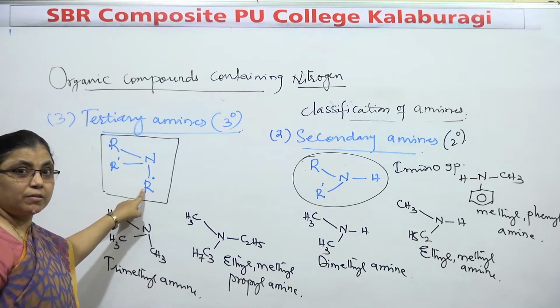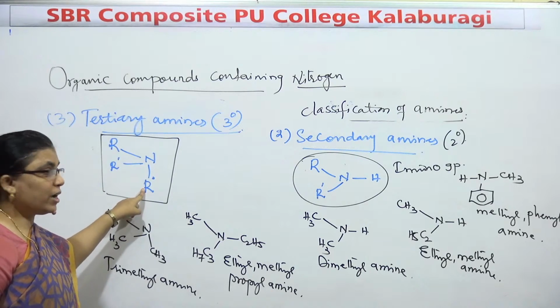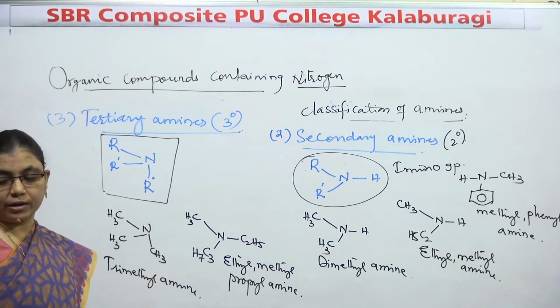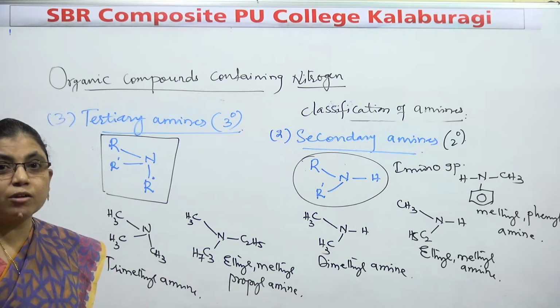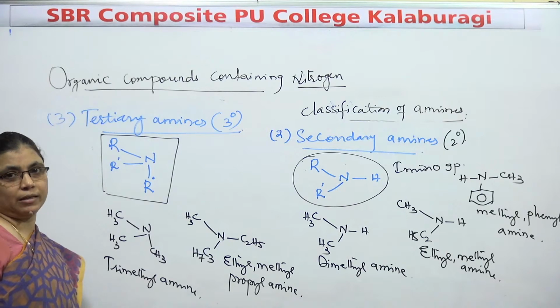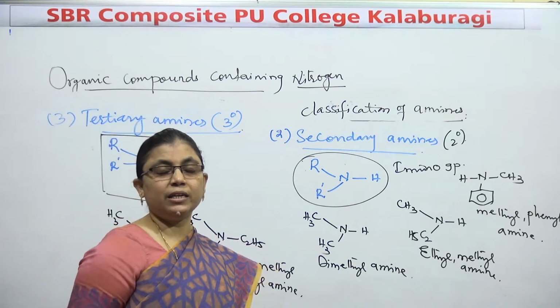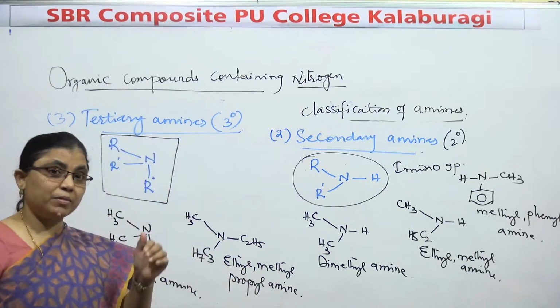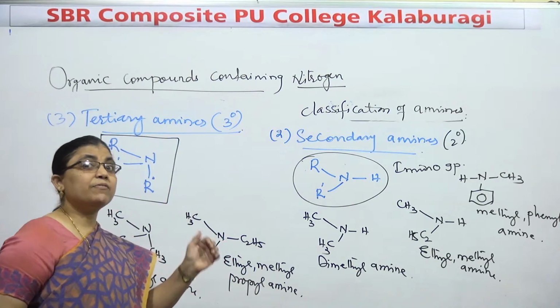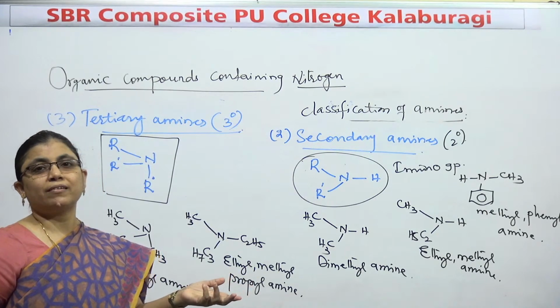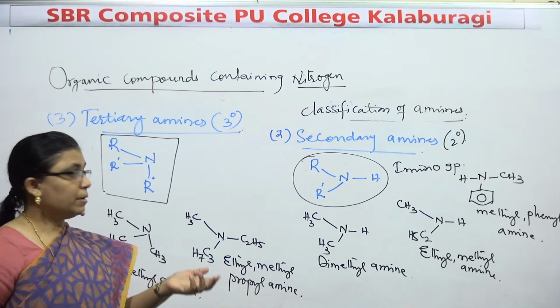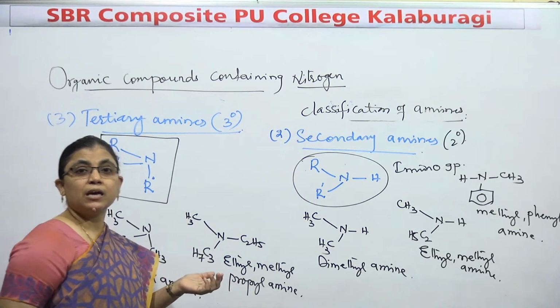What happens if they are same? What happens if they are different? If they are same, they are called simple amines. If they are different, they are called mixed amines. They may be aliphatic, they may be aromatic.